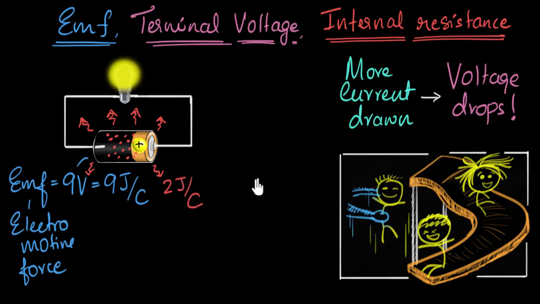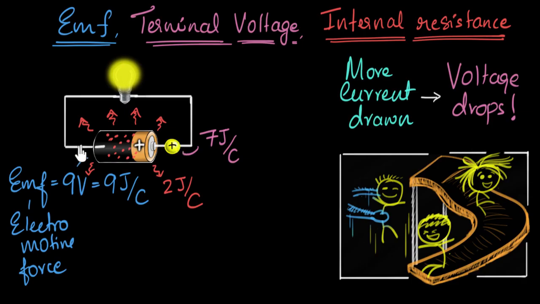Now my question is, by the time the charge comes over here, how much energy does it have? Well, it got 9 from the battery, but 2 got wasted as heat. So what's remaining now is only 7 joules. So only 7 joules per coulomb gets transferred eventually.